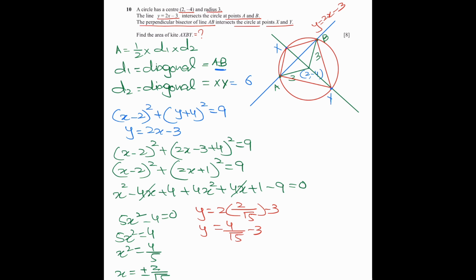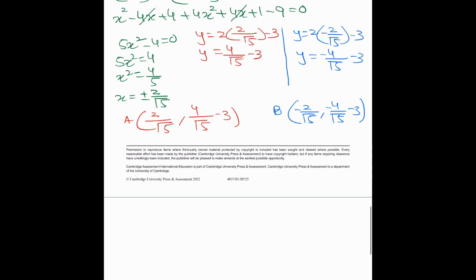Now for point B, we take y equal to 2 times minus 2 over root 5 minus 3, so y equals minus 4 over root 5 minus 3. So point B is x equals minus 2 over root 5 and y equals minus 4 over root 5 minus 3. So these are the points A and B.